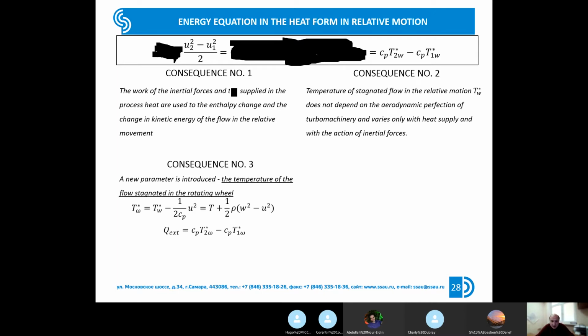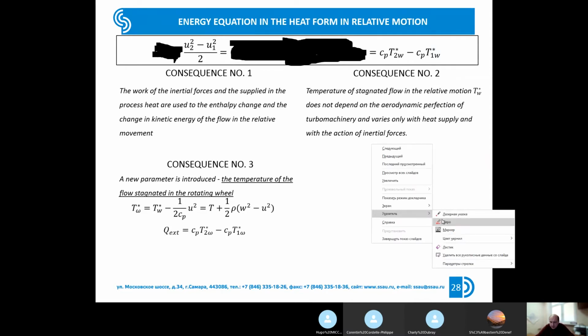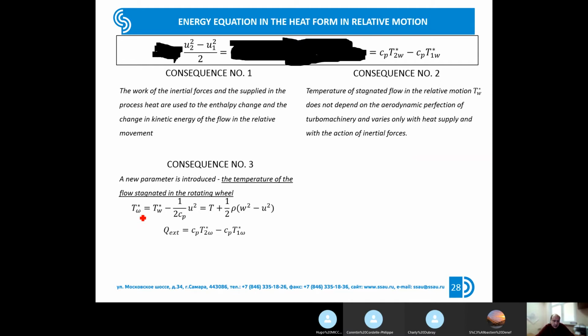So, the next conclusion. Let's set a new term: the temperature of the flow stagnated in relative motion in the rotating wheel, T_w*.